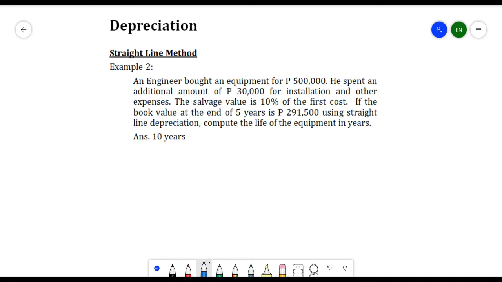So let's start by identifying our given. Again, we have the first cost, which is equivalent to 500,000 pesos, and it says here that he spent an additional amount of 30,000. So meaning to say 500,000 plus 30,000, our first cost is 530,000 pesos. Next is the salvage value, which is said to be 10% of our first cost.